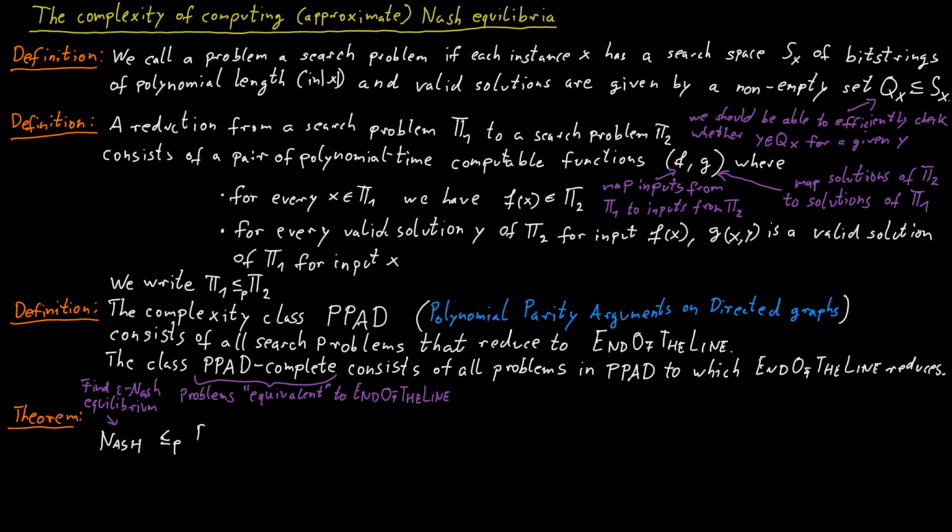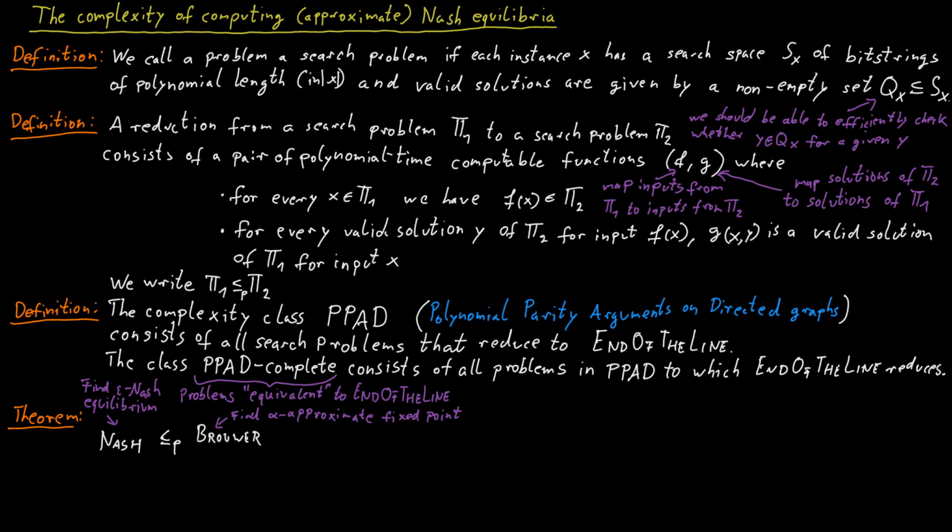And we had this other problem, Brouwer, which was finding an alpha approximate fixed point of a function. Again, we know these fixed points exist for continuous functions that map from a convex compact set onto itself. So it's a search problem again. So this problem Nash reduces to the problem Brouwer.